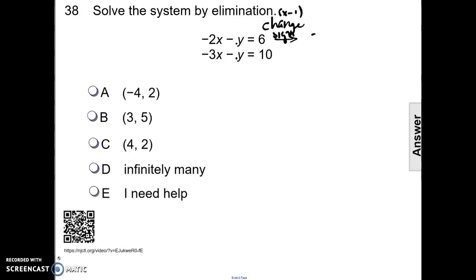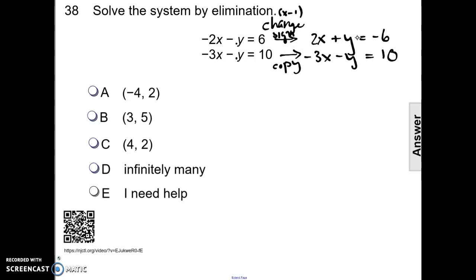This sign, negative 2x, changes to positive 2x. Negative y changes to positive y. And positive 6 changes to negative 6. All I've done is change every single sign in the problem. The second one, I'm just going to copy. Negative 3x minus y equals 10.